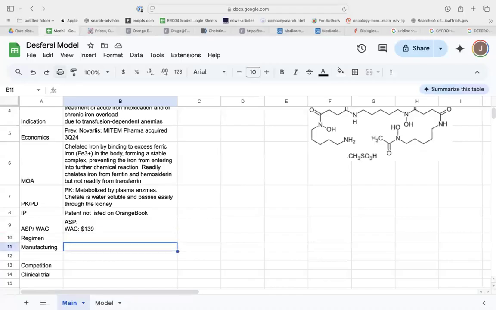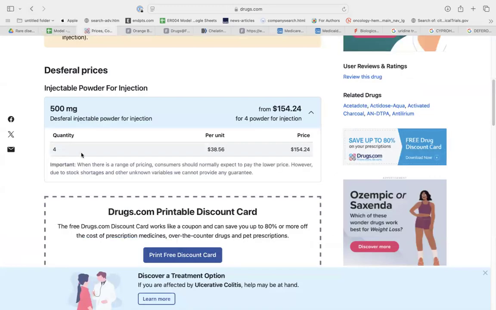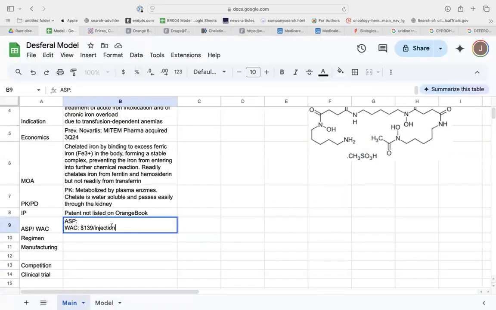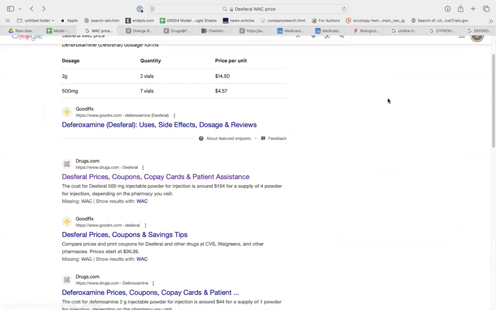But I want to see if this is per injection or per 4 injections. I think this is per 4 powder for injection.